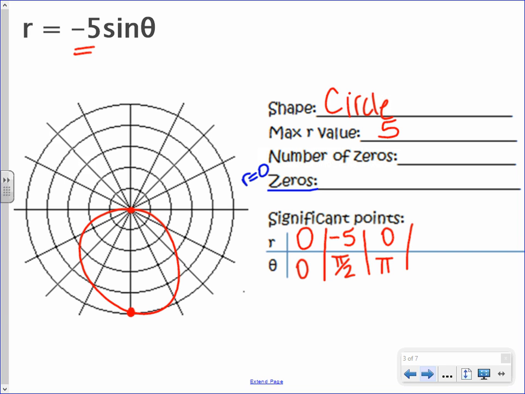So when we drew this circle, 0, 0, then pi over 2, -5, then pi, 0. How many times did we touch the pole when we drew that circle? We touched it twice. We touched it when theta was 0, and we touched it when theta was pi.